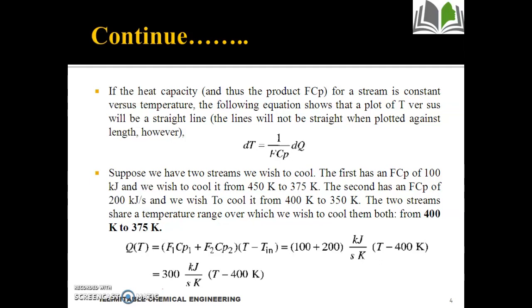Here is one example. Suppose we have two hot streams which we want to cool.